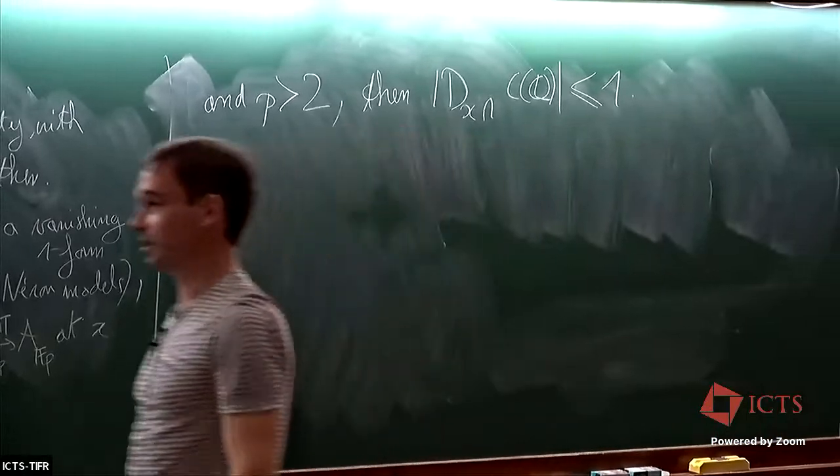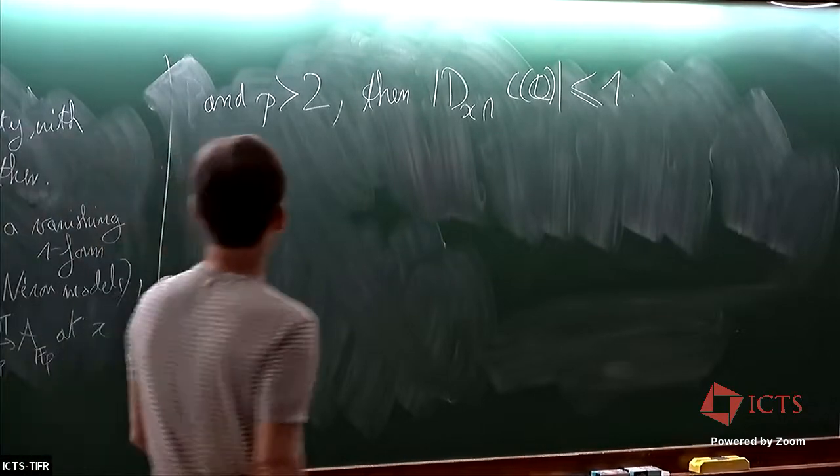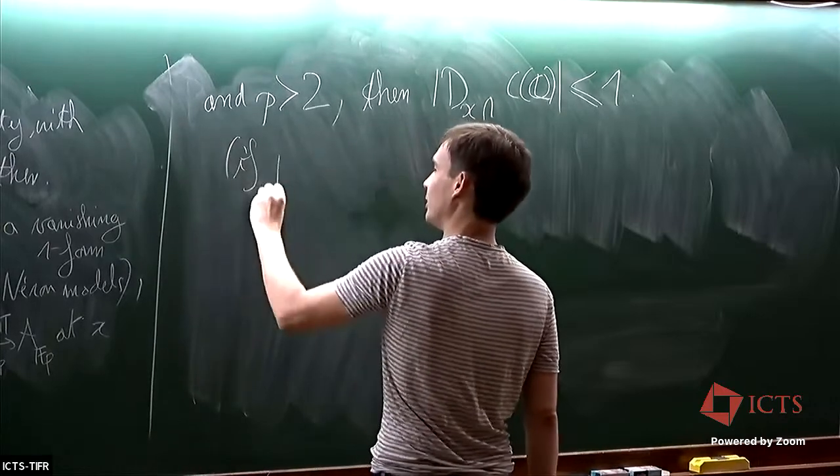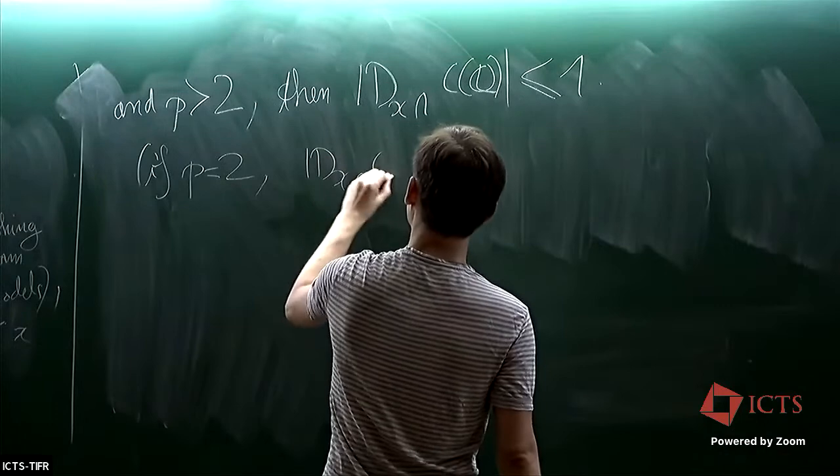Okay? In other words, any rational point is alone in its residue disk. As an exercise, if you have understood the proof, see what happens if p is equal to 2. I can say it's at most 2, actually.